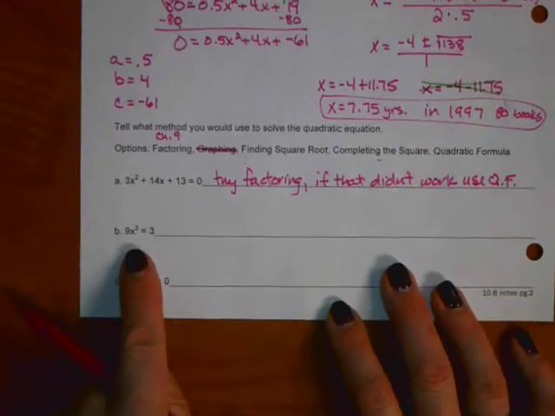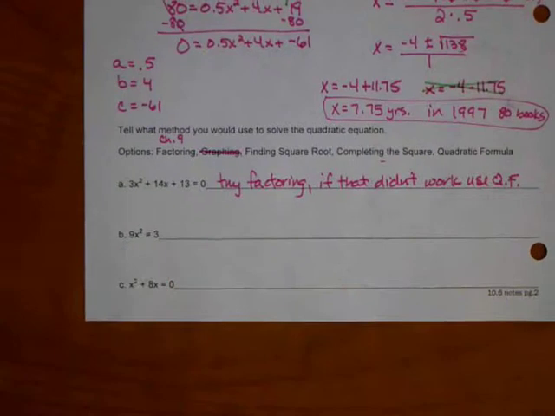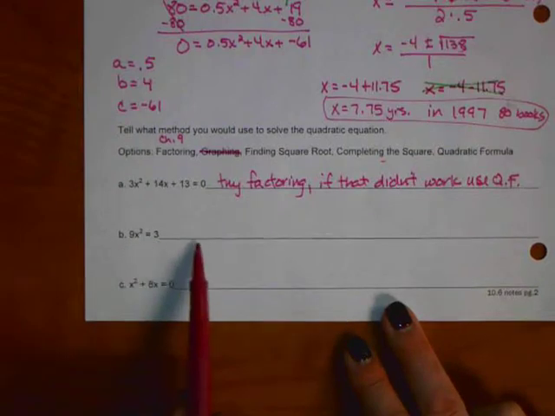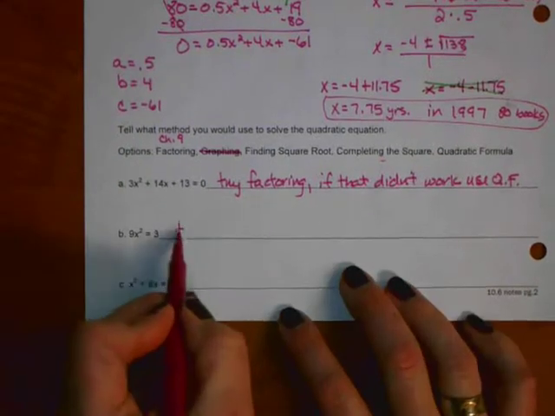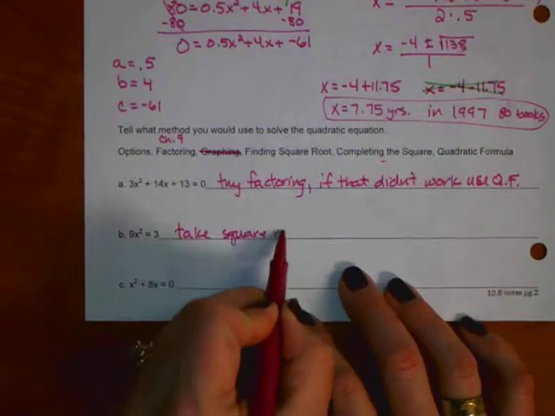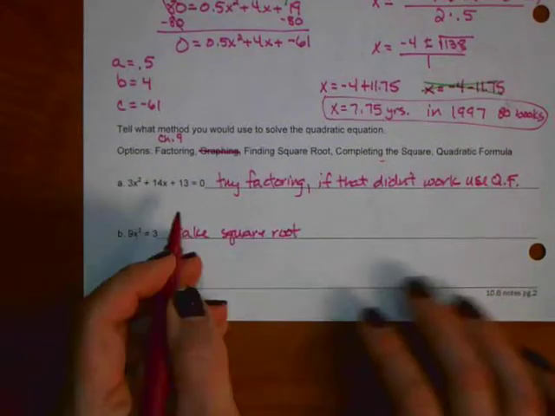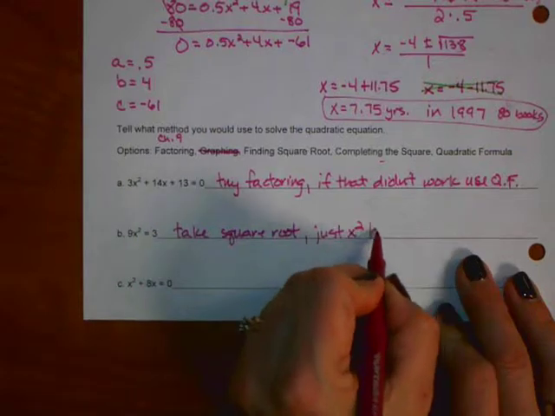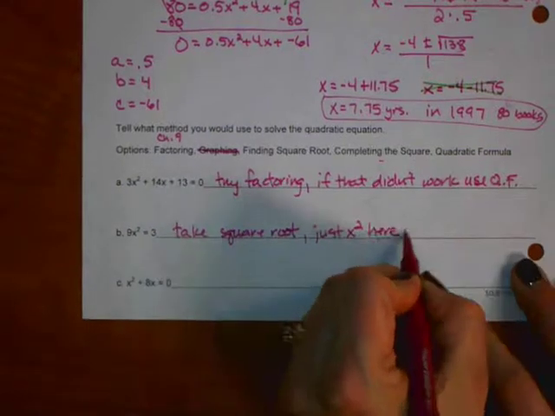Okay, this one here. Remember in the beginning of this lesson I talked about taking the square root? When there's no x, I could just very easily divide by 9 and take the square root of both sides here. Super easy. So this one I would take the square root. There's just x squared here, no x.